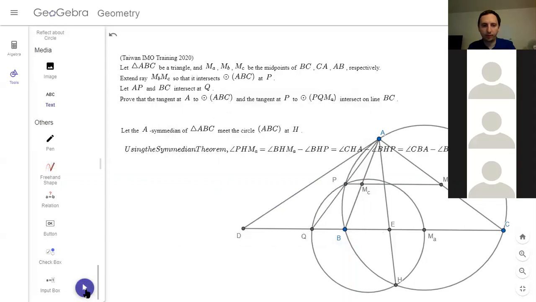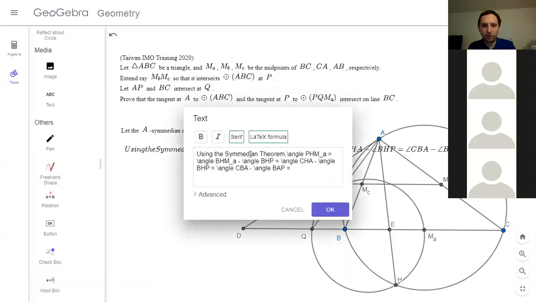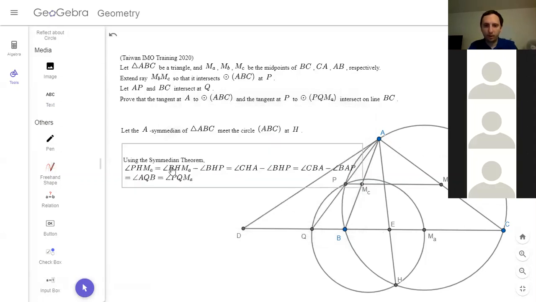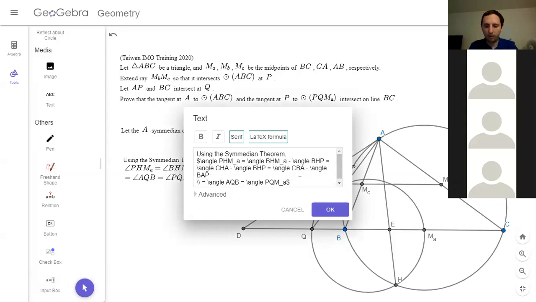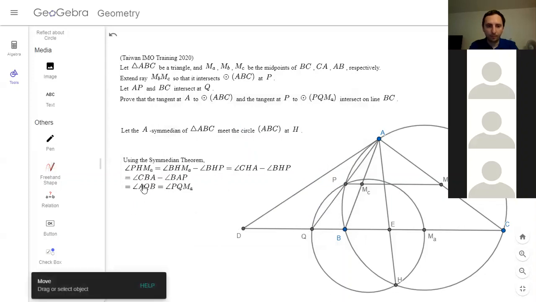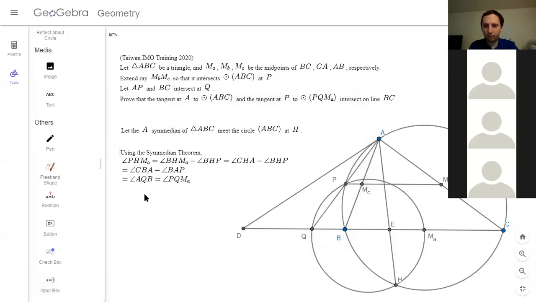So I'll fix this. That's angle PQMA. Here we go. So PQHMA is cyclic.